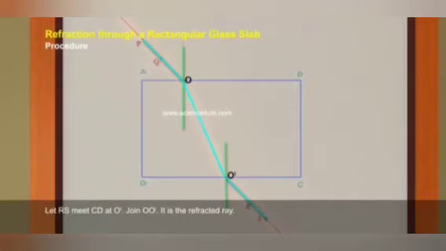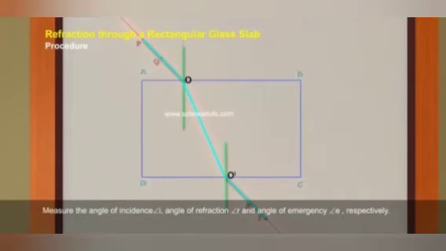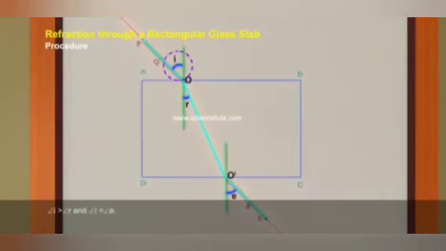It is the refracted ray. Measure the angle of incidence, angle I, angle of refraction, angle R, and angle of emergence, angle E, respectively. Angle I is greater than angle R, and angle I equals angle E.